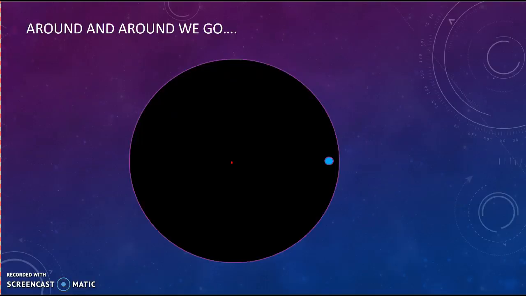So we measure the angle. Say it goes from right here and spins around and goes right there. Measuring from the center, we'll say it has rotated through some angle theta.